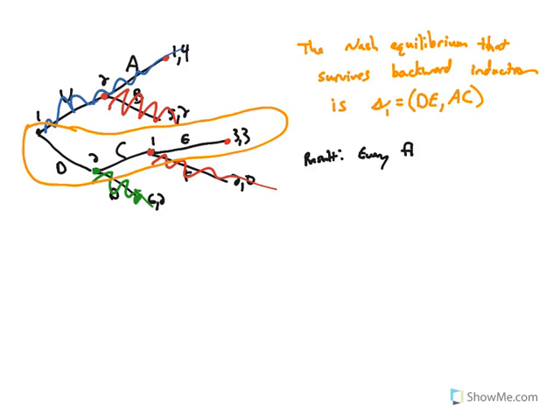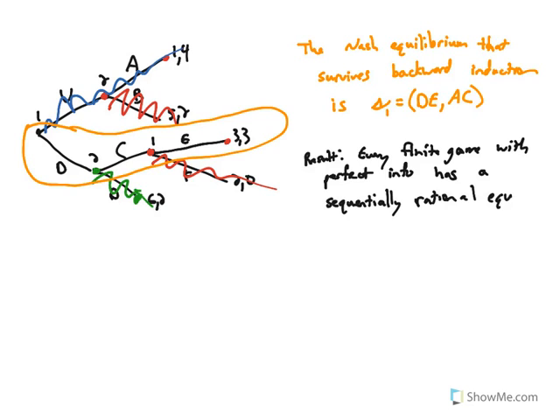Every finite game with perfect information, meaning there's no dashed lines in our extensive form game, has a, for now we're going to call it a sequentially rational equilibrium.